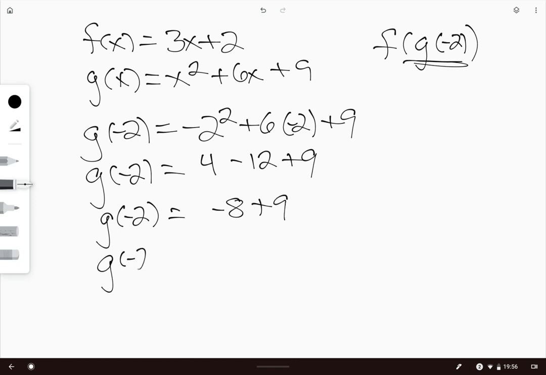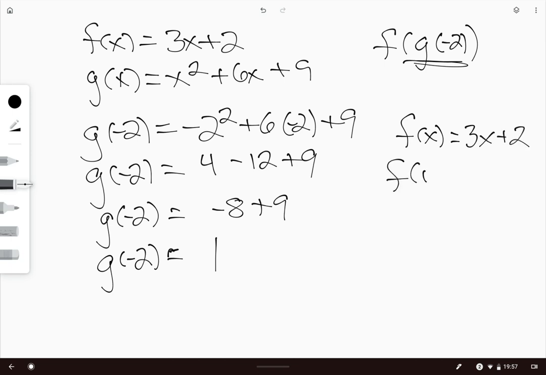So the g of negative 2 equals 1. So now I'm going to take this, and I'm going to go back to the f of x, because I'm looking for the f of g of negative 2.